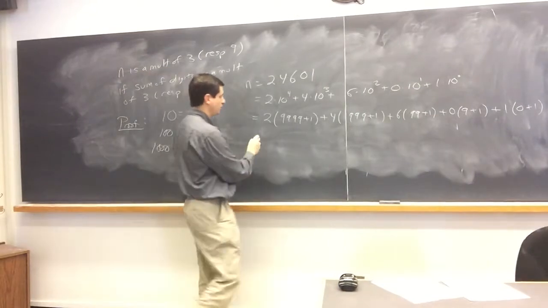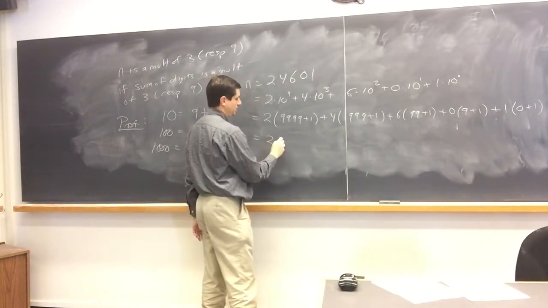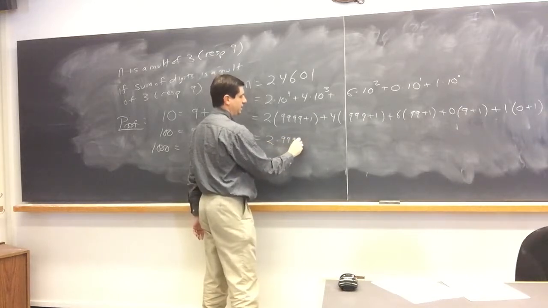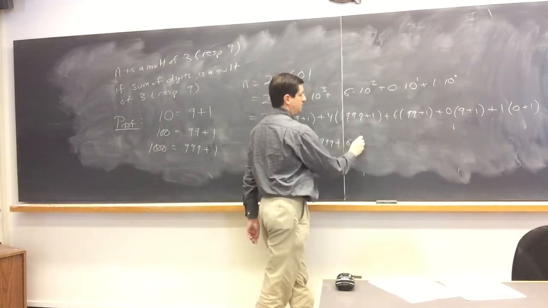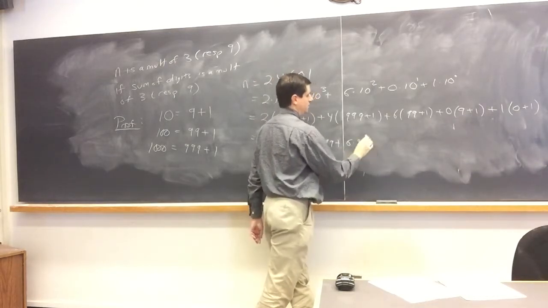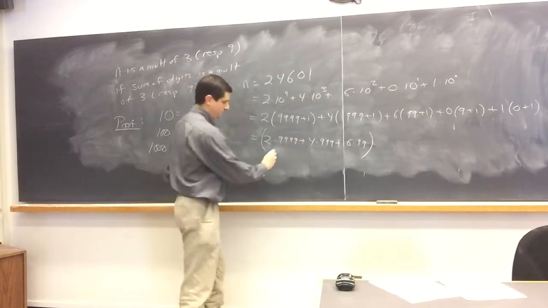And so if you look at what's going on, we have 2 times 9999 plus 4 times 999 plus 6 times 99. And this is clearly going to be a multiple of 3 and 9.